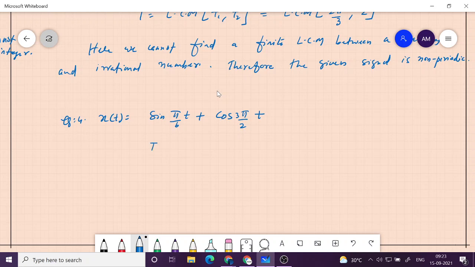So here I am trying to proceed in the same manner. T1 is basically 2 pi by pi by 6, so pi cancels, and this is basically 12, and then T2 is 2 pi divided by 3 pi by 2, so pi cancels and I have 4 by 3.